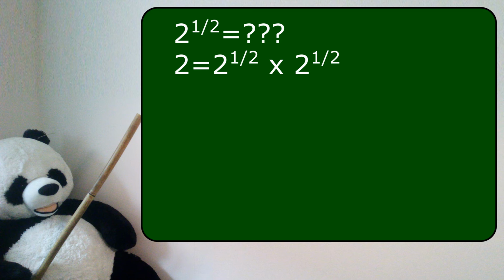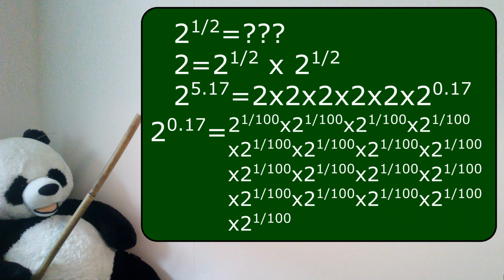Now we can go about trying to find things like 2 to the power of 5.17, which is 1 multiplied by 2 5 times, multiplied by 2 to the power of 0.17, where 2 to the power of 0.17 involves taking whatever you need so that when you multiply 1 by that number 100 times, you get 2 for an answer, and then multiplying that number by itself 17 times.